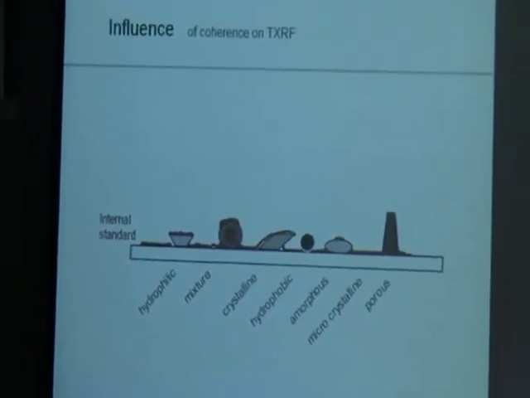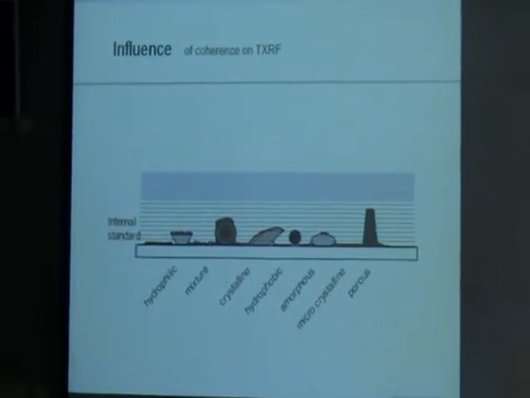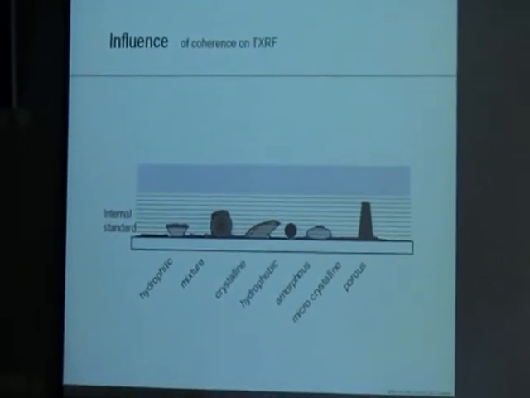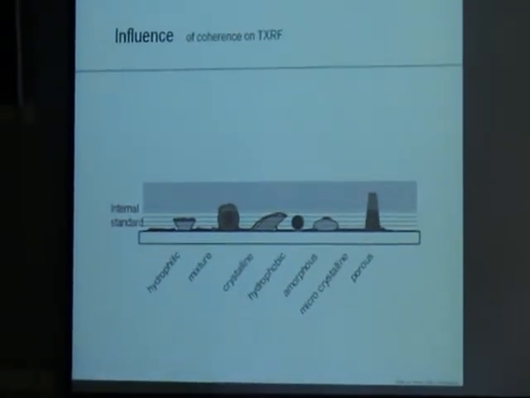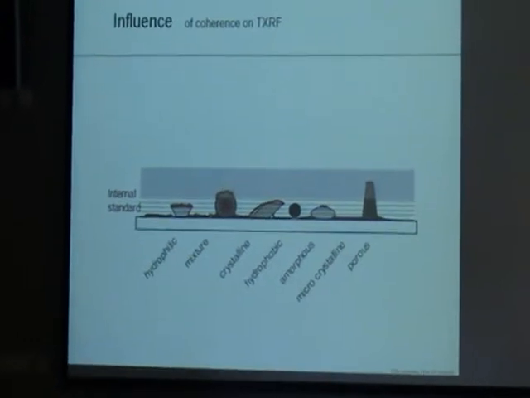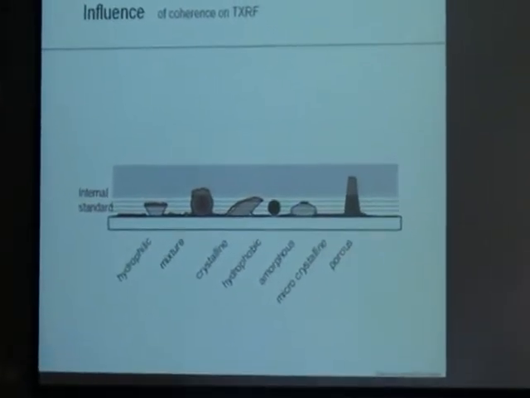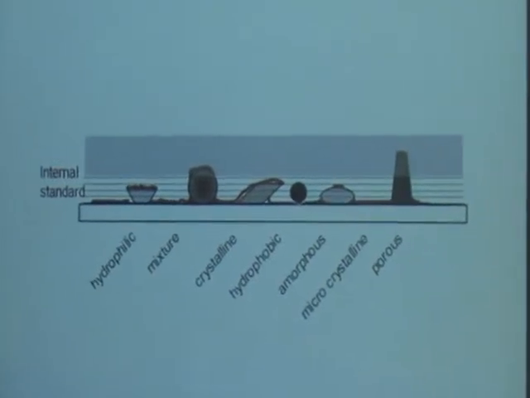What happens? The coherence length is big enough, no problem. But if it's this case, we have problems. We are not illuminating, or we are not exciting our internal standard the same way in different positions.